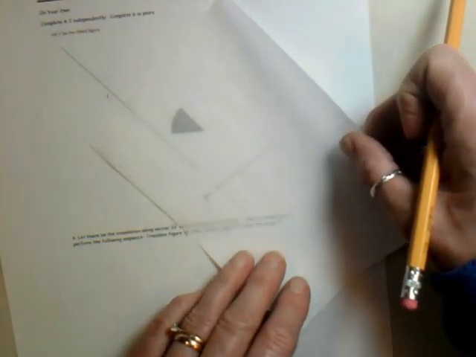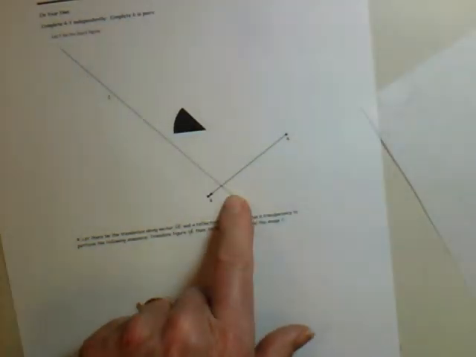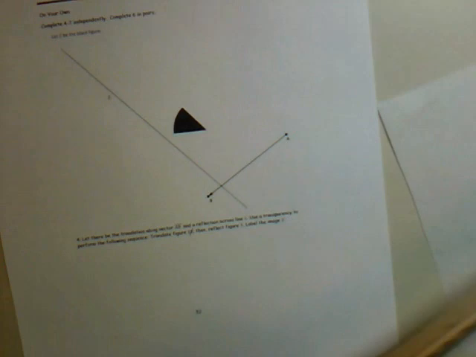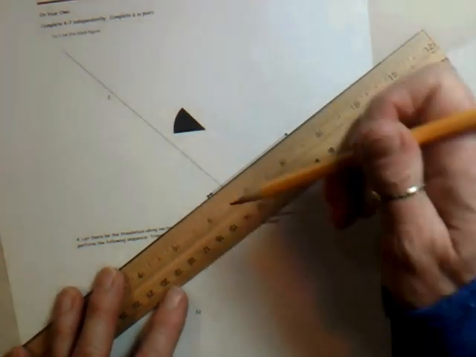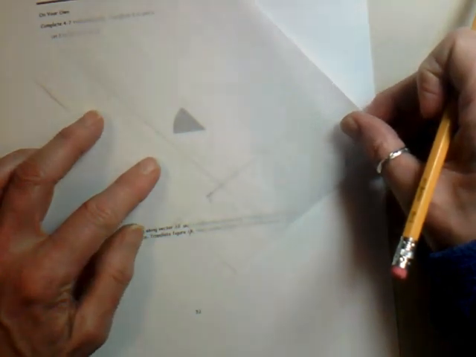I would recommend pausing the video and trying this on your own, and then following along. Okay, so the first thing we want to do is to extend our vector so that it ends up in a straight line. Then I want to draw my diagram.